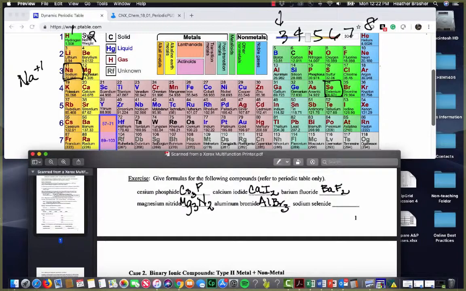So to make this, we go 1, 2, which are 2 negative charges, right? So how many do we need to be equal? We would do this twice, right? So sodium would be first with the 2, and selenide would be by itself.